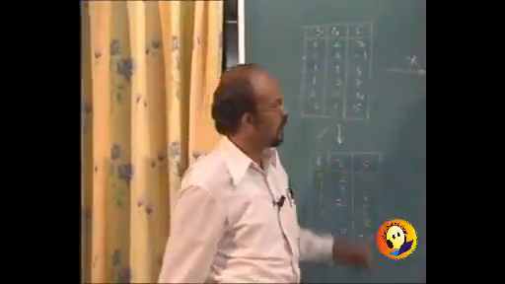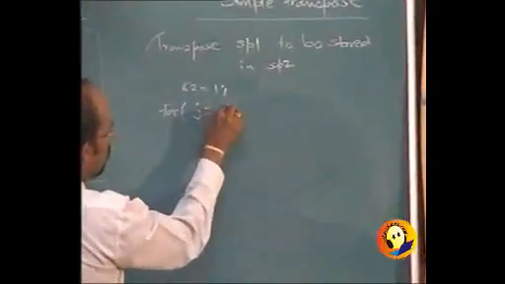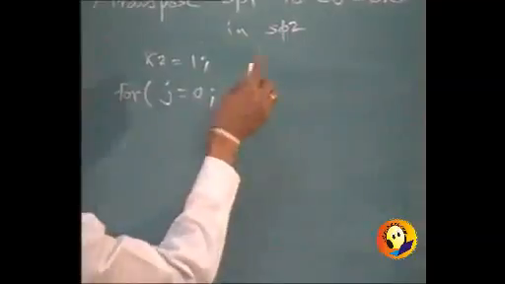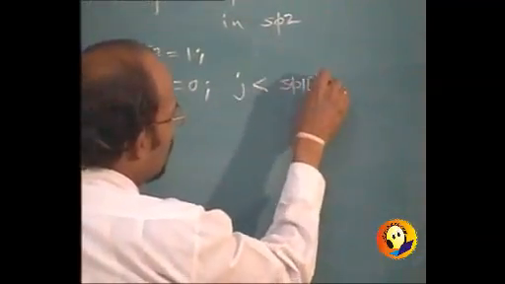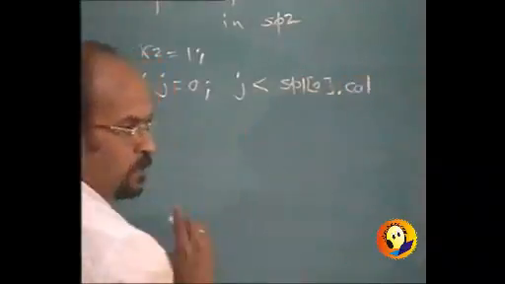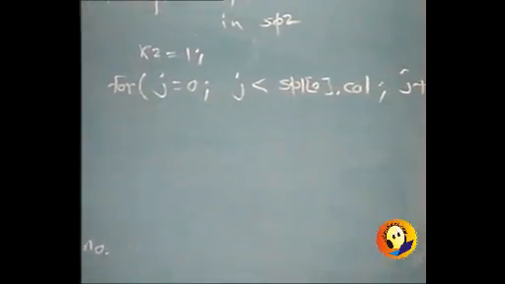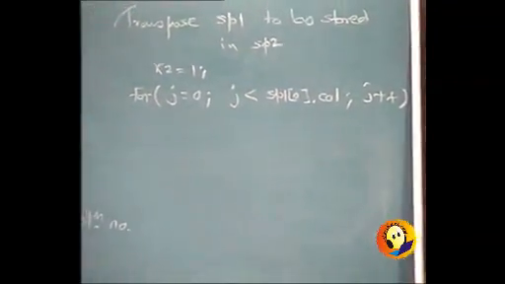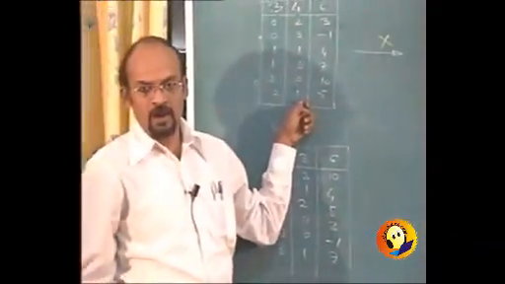So let us first write a loop for column number, that is for j equal to 0, j less than, how many columns are there? SP1[0].col, these many columns, j plus plus. So initially j is 0, so I should be searching for j equal to 0 throughout SP1 from position 1 to position SP1[0].val.